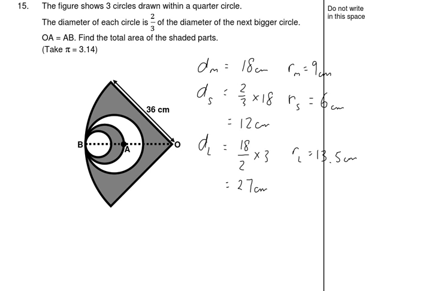Okay, now to solve this question, all I need to do is to find the area of the shaded part. Let's look at the quarter circle. Do you know how to find the area of this quarter circle? If I use the quarter circle minus the large circle, am I going to get this shaded part first?